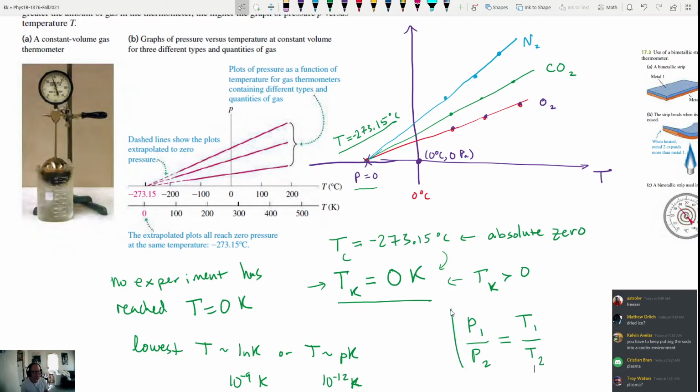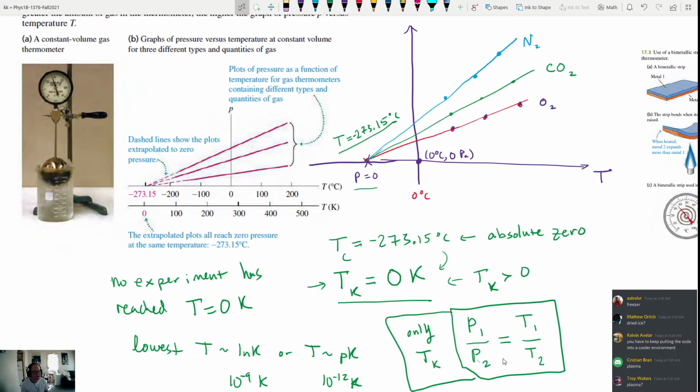So this is something that we can do with a Kelvin scale, but we can't do it with a Fahrenheit scale. Only if you measure in Kelvin can you do this. You can take the ratio of the pressures of a single gas, and it is the same as the ratio of the temperatures. That's pretty powerful.